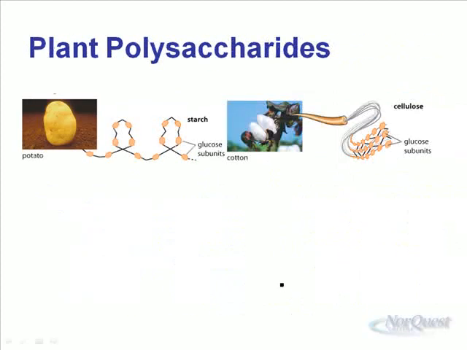Plant polysaccharides, notice a much different shape. Here we have a starch molecule, long, not very many branches, still glucose subunits. When we look at cellulose, this is a structural polysaccharide, so it's there to make things strong, and you'll notice it looks kind of net-like or web-like, where we have these single sugar units joined in several different directions.